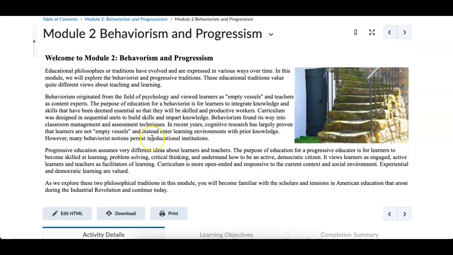You can take a look at the overview, but one of the key differences between behaviorism and progressivism is that behaviorism really looks at the student as an empty vessel, and I mentioned that in the overview. So the teacher's job is to fill the empty vessel with whatever the teacher or the school district or the educator wants the students to know.